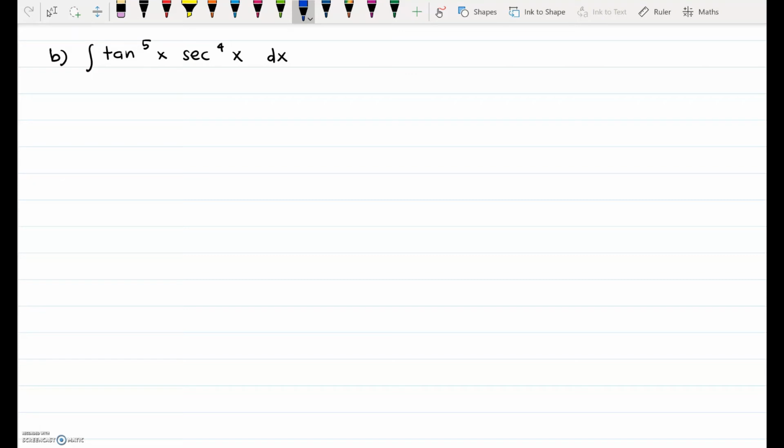If you look at the power of tangent here, it is odd, so I will use the case for power of tangent odd. But if you want to use case 5, where the power of secant is even, you can also use the steps for secant even. So it depends on you.